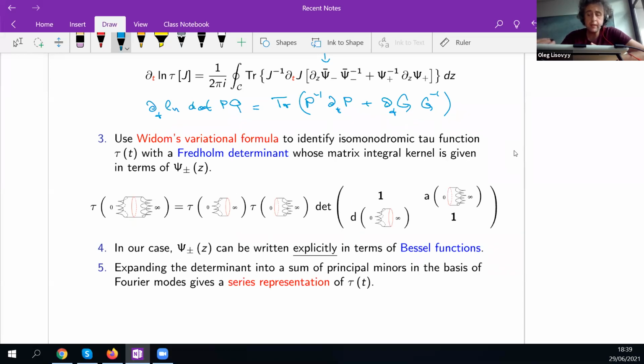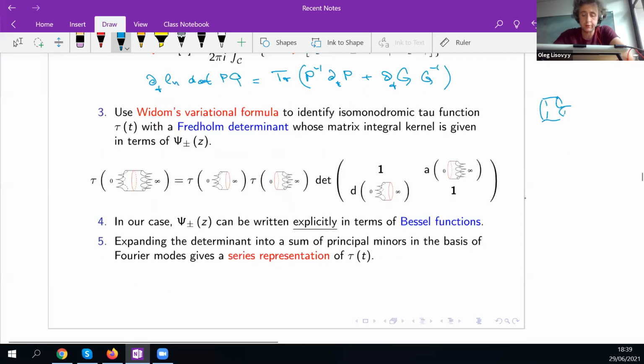Now, if the auxiliary linear systems are too complicated, then it might be difficult or even impossible to proceed. However, in the case we are interested in, let me just recall once again, the auxiliary systems correspond to Bessel functions.